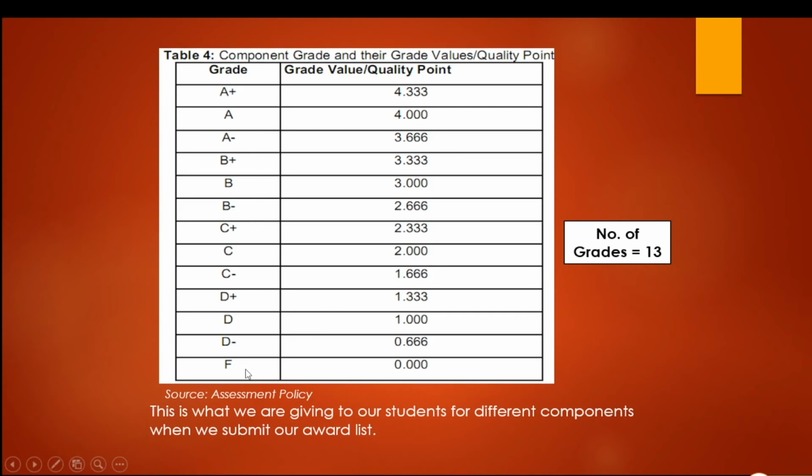Now what we do is we keep F at 0. By keeping D at 1, we go in for dividing it into two intervals. So we move back 0.33 from 1, so we get 0.66, and we move above 0.33, so we get 1.33. So what we are doing is we are keeping 1 as a midpoint and we are moving back and forward.